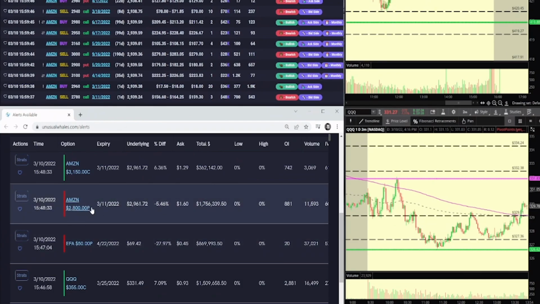Again, I simply look for stuff that is out of the money, that's going to give me a sense of direction, that's going to hint to me that they're looking for a directional move one way or the other. And I always pull things up on the chart, and we'll talk about that. I don't simply base a decision on what's going on here. I pull up the chart to really decide what's happening on the daily and the intraday level, then I make a decision on it, right?